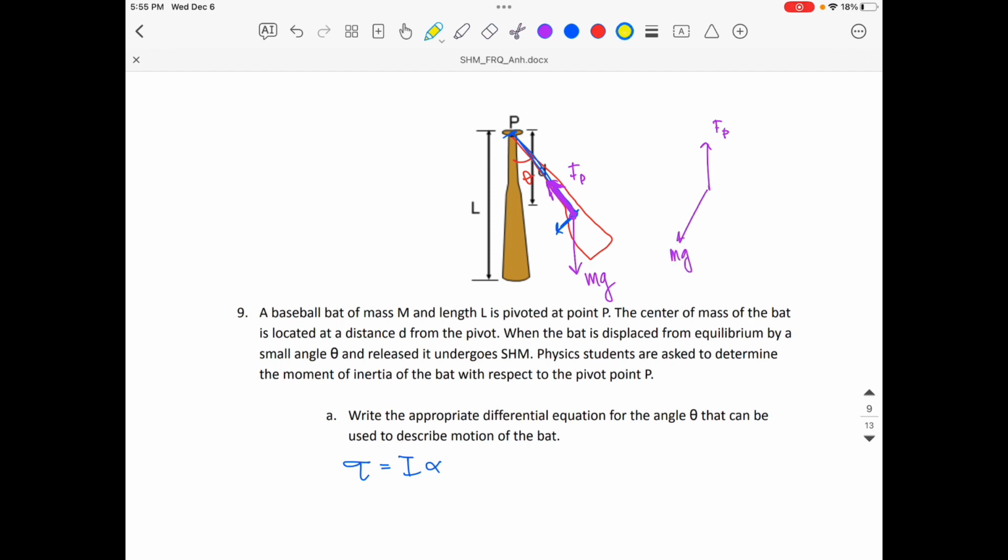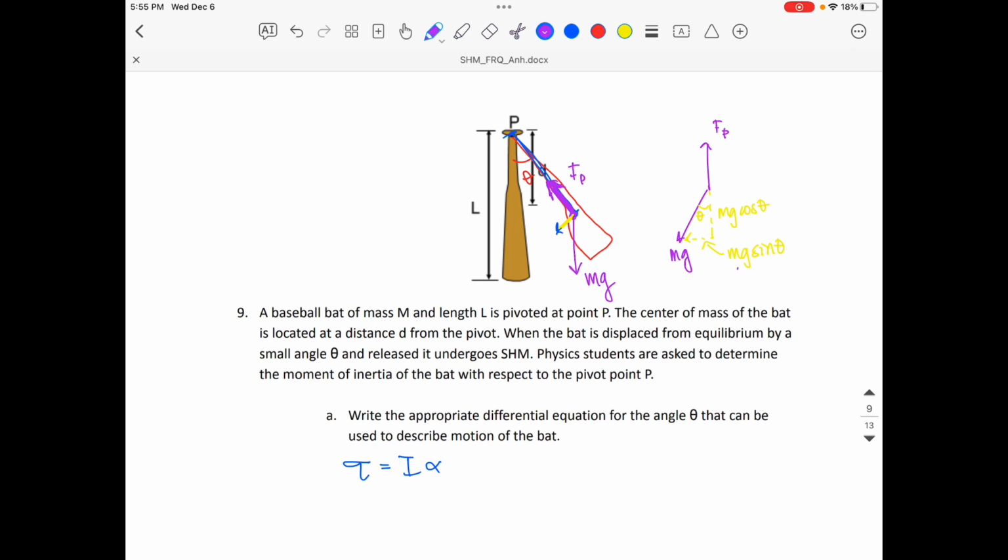Then we want the component of mass times gravity pulling to the left, because that would be this component right here. So if this is theta, this is mg cos, this is mg sine, and that would be the torque.